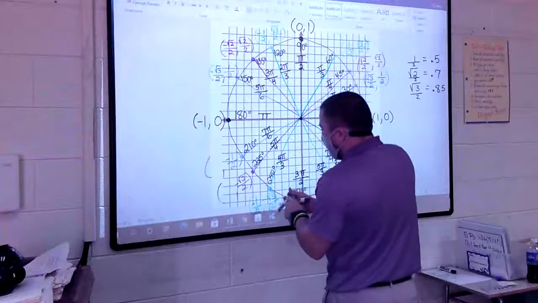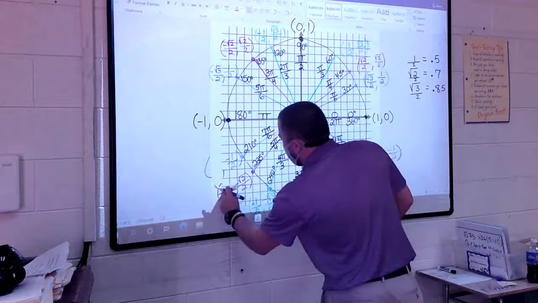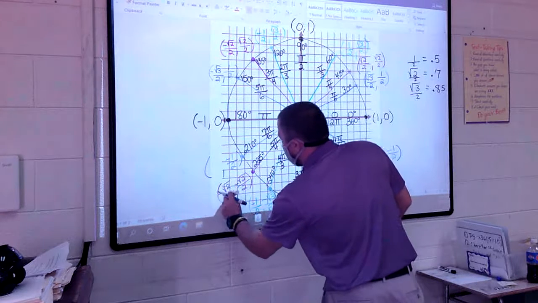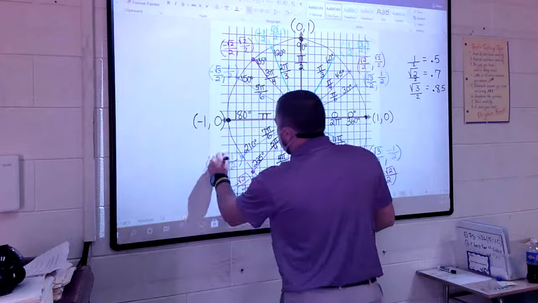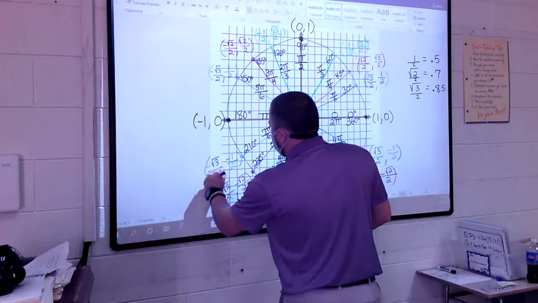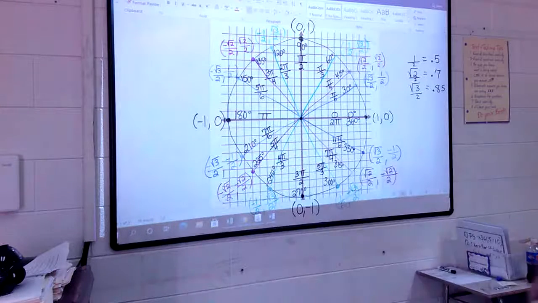Then we go negative square root of 2 over 2. And then we go negative square root of 3 over 2. And then we end up with negative 1. Then at this point, we sit back, take a deep breath, and say we finished the whole unit circle.